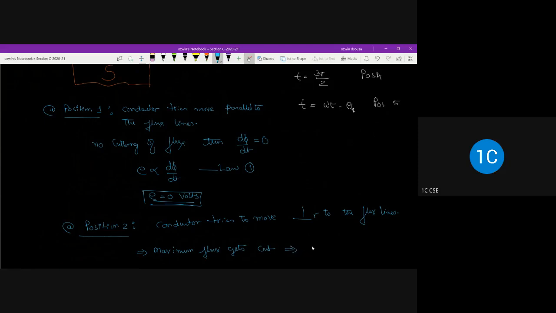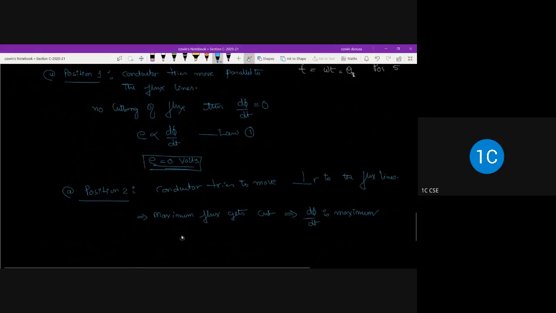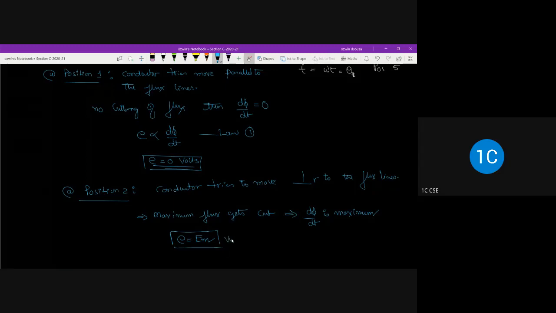That is, the rate of change of flux is maximum, and therefore the induced EMF will be maximum. So E can be taken as Em volts.